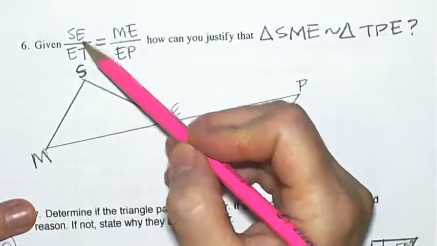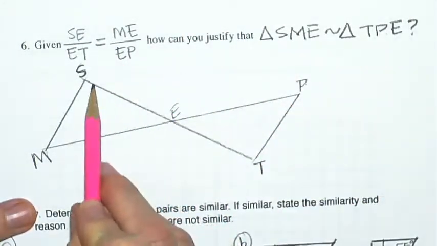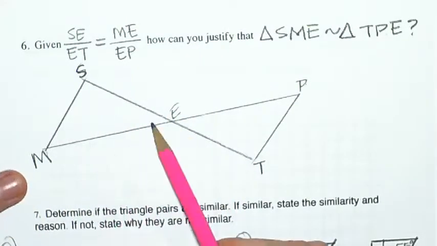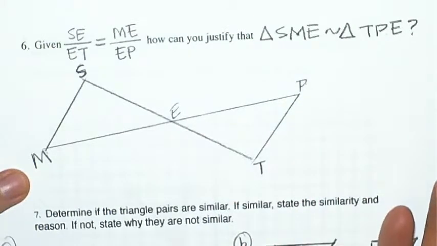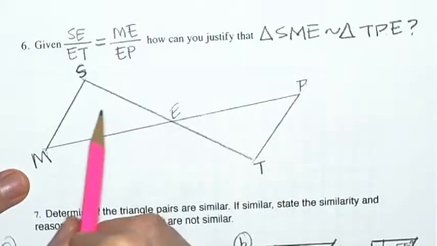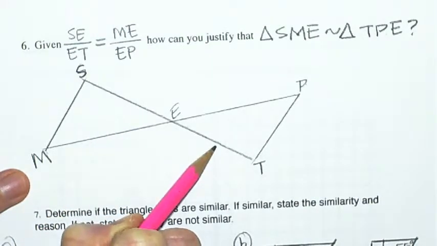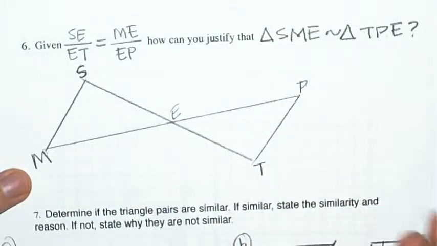Okay, looking at number 6, we're given that SE is to ET, so SE to ET is the same as ME to EP. Okay, so that's saying that the sides are in proportion. That's saying that whatever I divide SE by ET by, I'm going to get the same thing when I divide ME by EP. That means that these have a common scale factor.